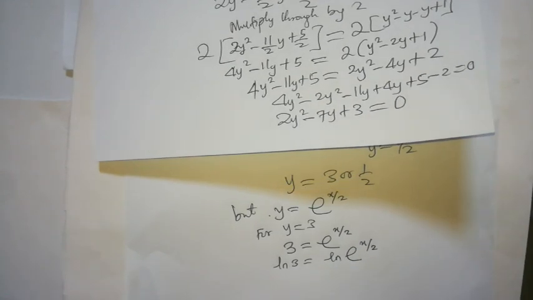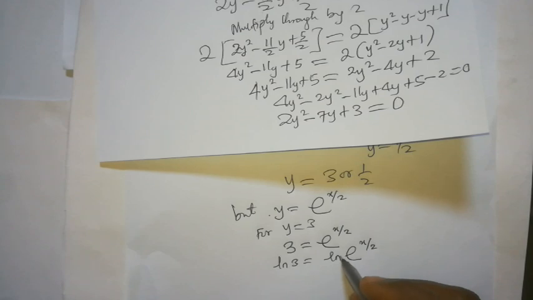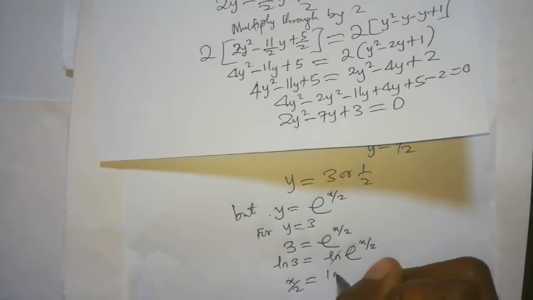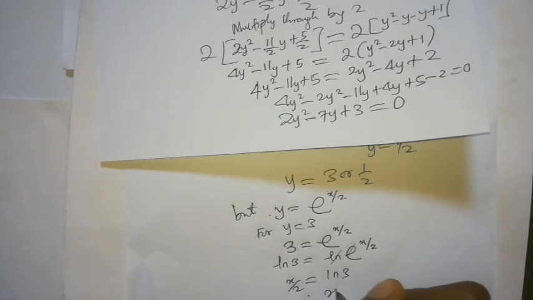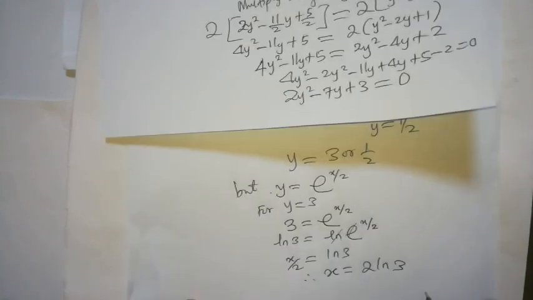You get it? This will cancel, so we are left with x over 2 is equals to ln 3. So therefore our x is going to be 2 ln 3. You get it?